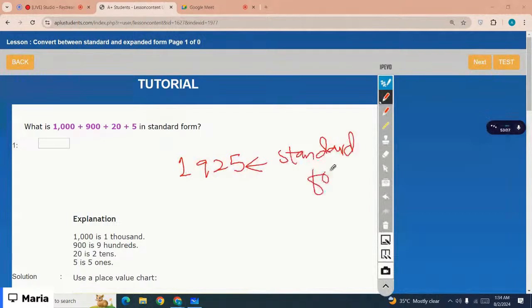So I think now we can understand how to write in standard form and expanded form. Okay, let's just start with the test questions.